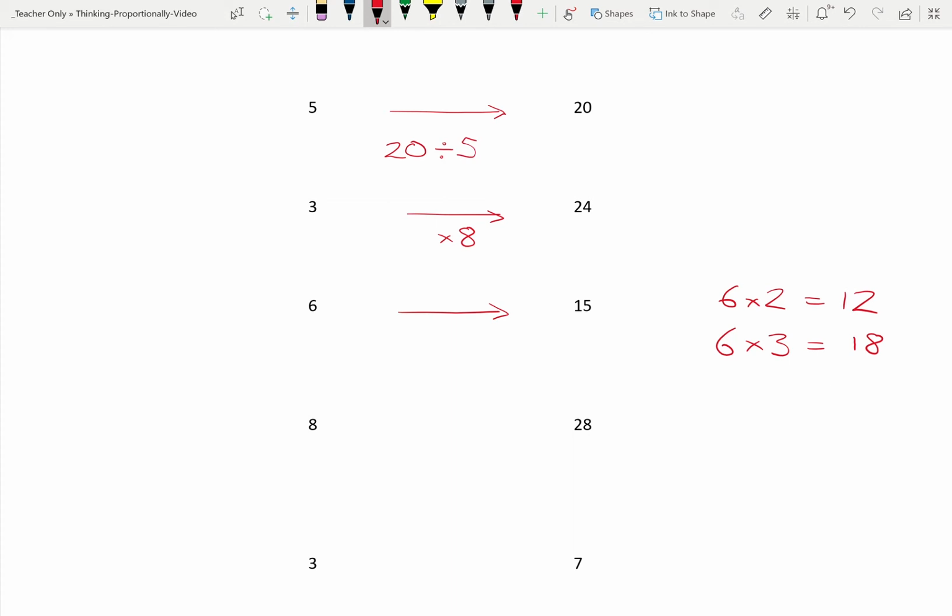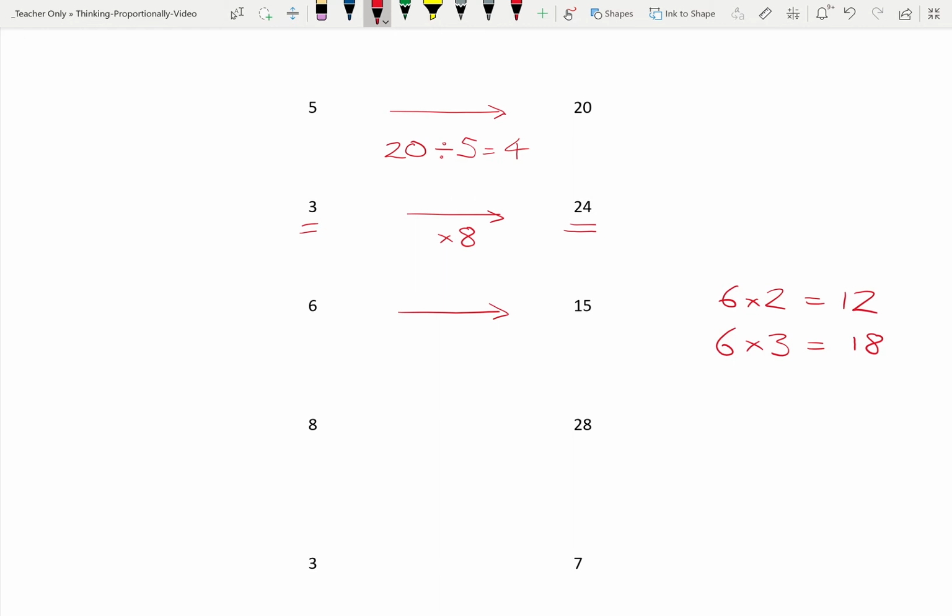So to get from 5 to 20, our factor that we multiply is 20 divided by 5, which is of course 4. And the same thing here, 24 divided by 3 gave us our 8.